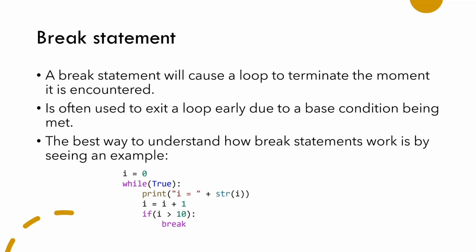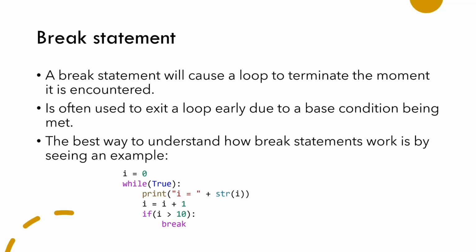Once i is greater than 10, once i is 11, the if statement will be entered and that break will be encountered. And once that break is encountered, the while loop is exited permanently. It is not restarted. You just leave it. It's as if encountering a break statement makes it so that the condition is no longer true. That's not what happens, because the condition doesn't suddenly become false.